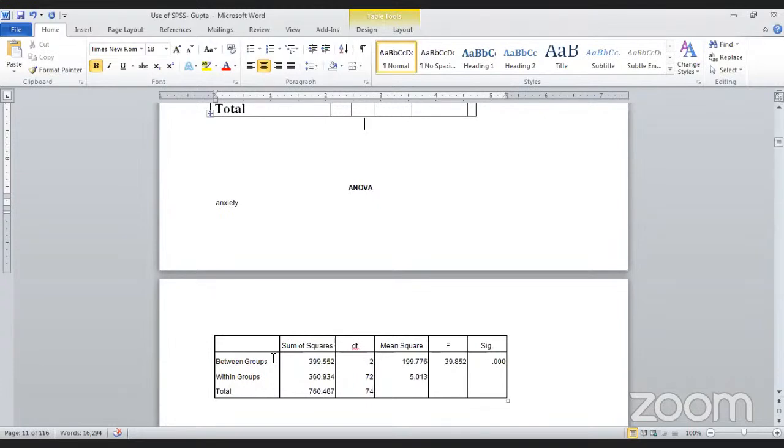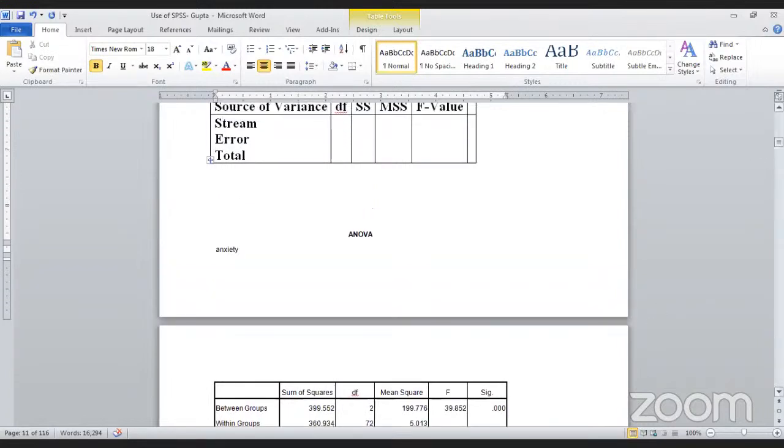Actually, in SPSS, some of the words are fixed and you cannot change. But whenever you are developing your own table, you should write the correct name. So I will not write between groups, I will write streams. And here my degree of freedom is 2, because I have the three groups. So 3 minus 1 is 2. So here my degree of freedom is 2.